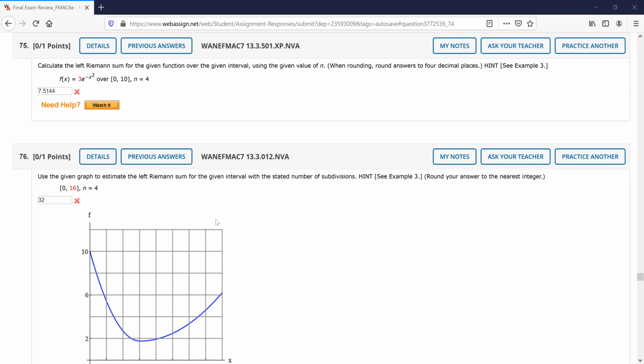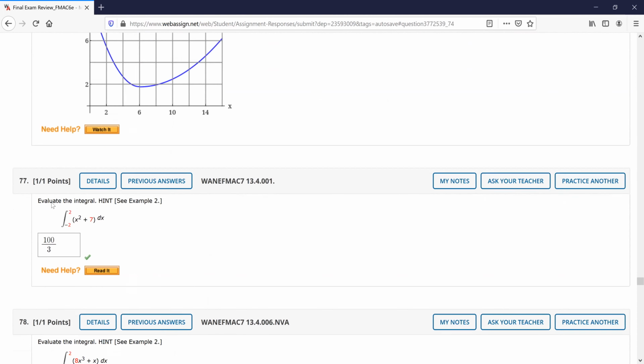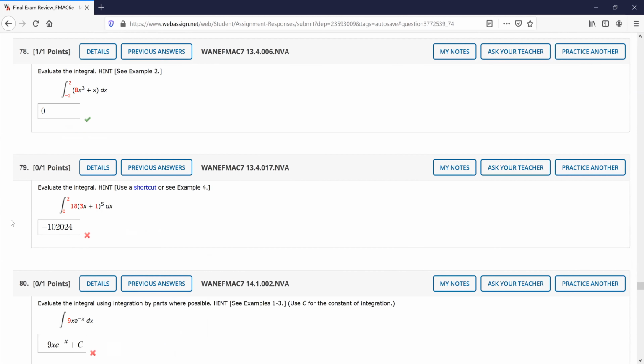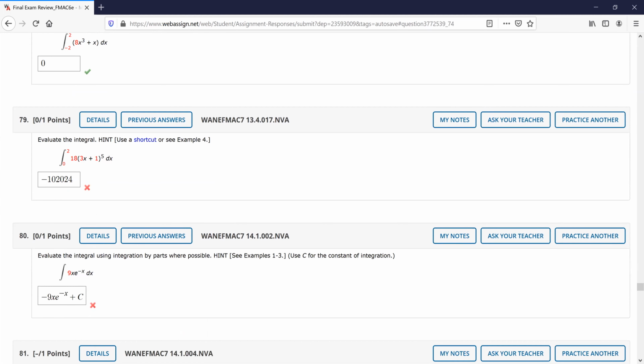Okay. So you got these right. That's good. This one I was so confused, because I looked up the integral calculator and the last step was confusing.